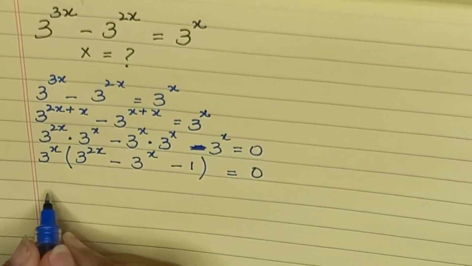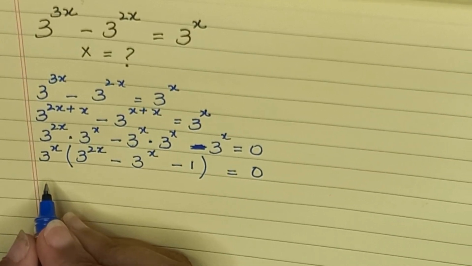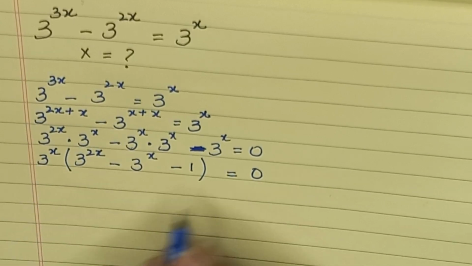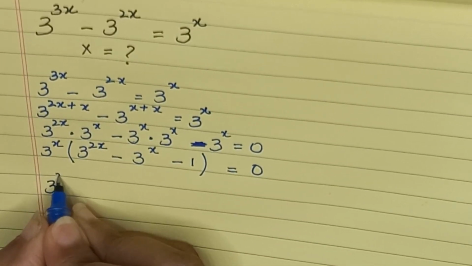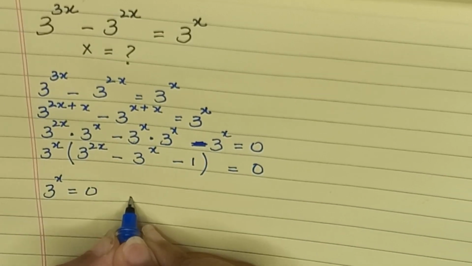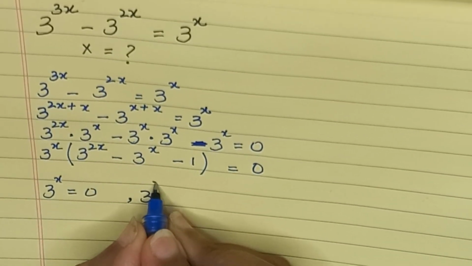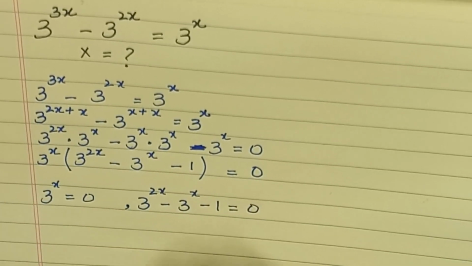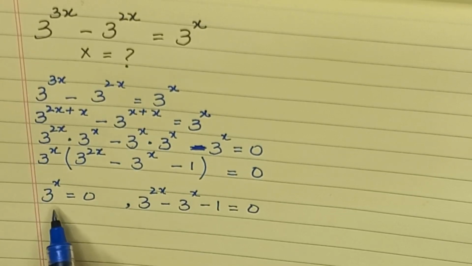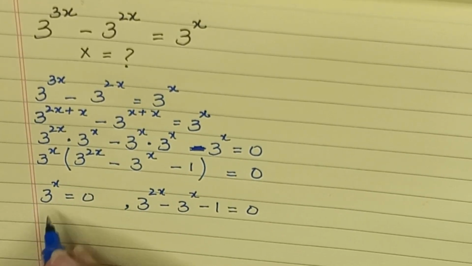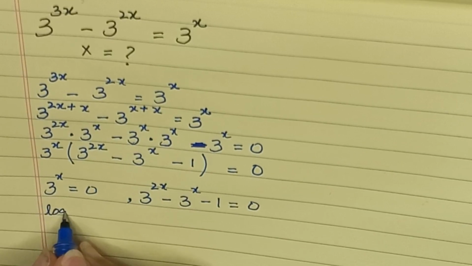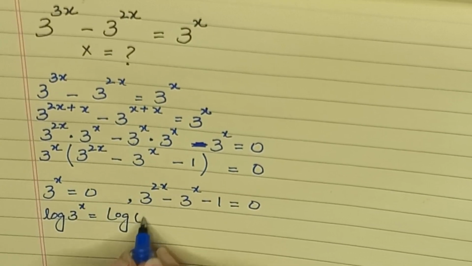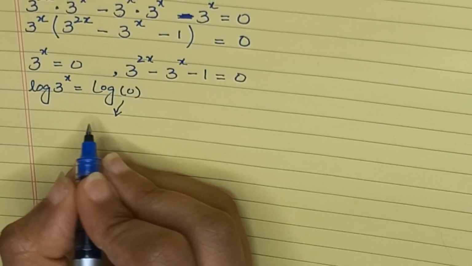From here we have 3 raised to the power x is equal to 0, and 3 raised to the power 2x minus 3 raised to the power x minus 1 is equal to 0. Taking log on both sides for the first equation, log of 3 to the x is equal to log of 0. So log of 0 is undefined.